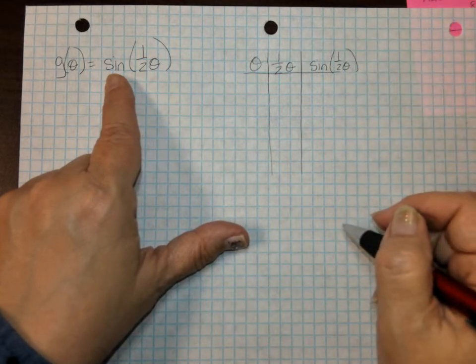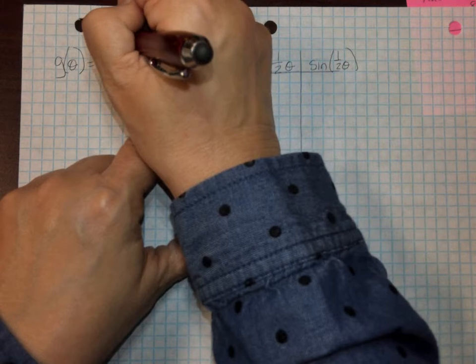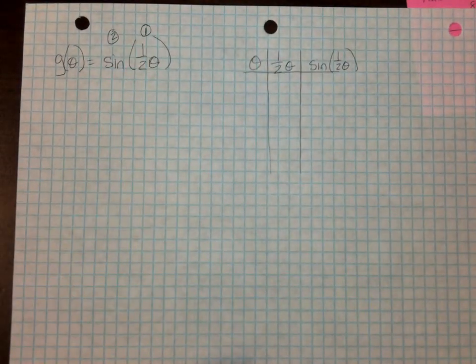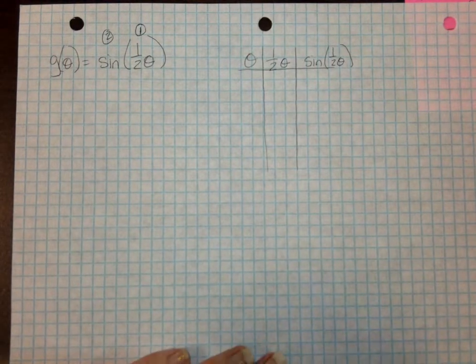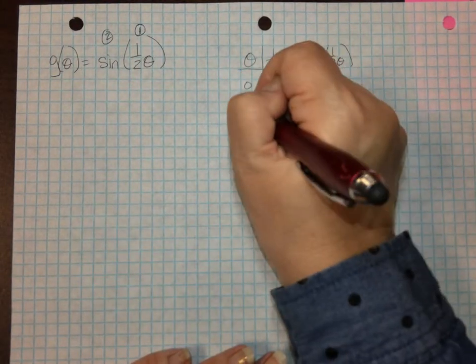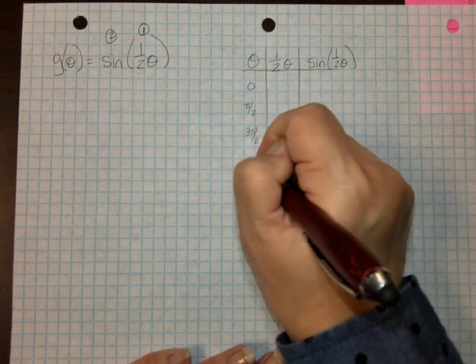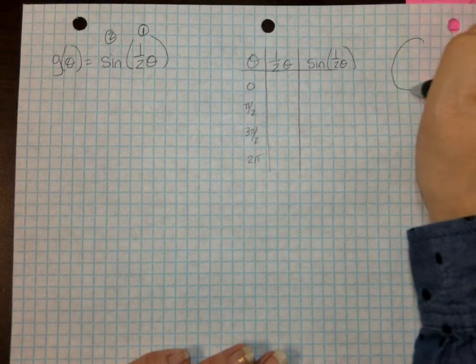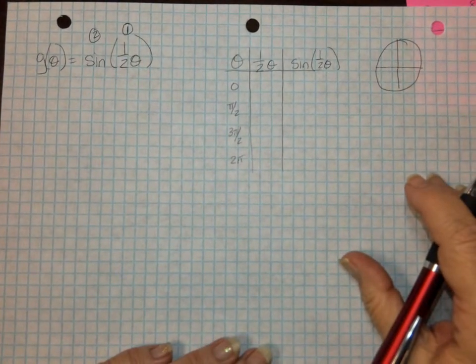So in terms of order of operations, I do this step first, and then I do sine second. So that's why I'm going to set my table up like this. So I'm going to start with 0, pi over 2, 3 pi over 2, and 2 pi. I'm going to draw me a little unit circle over here. I can see what's going on.